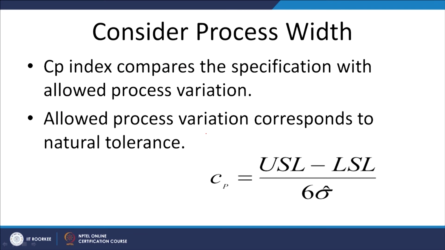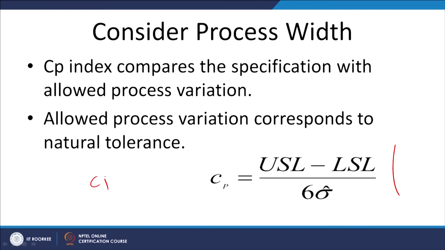But if the process average is shifting either on the higher side or on the lower side, then to make sure that despite the shift in average, the process will still be capable to manufacture the things within the specification limits or not, that is what is checked using different equations.